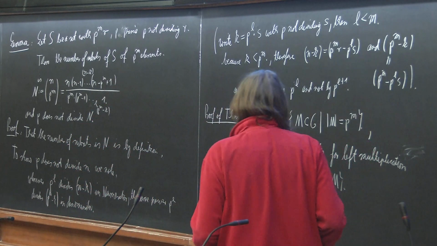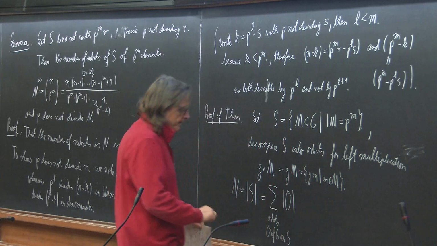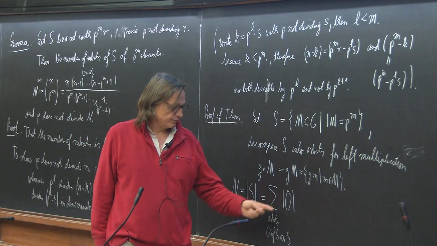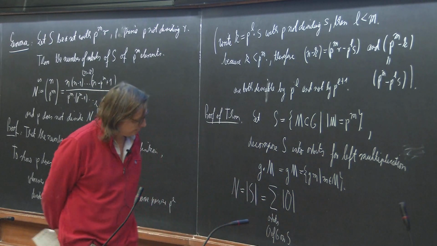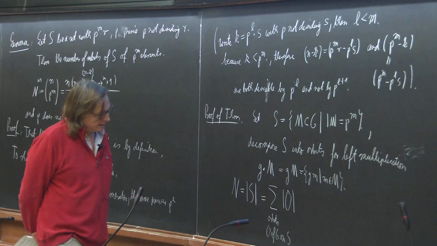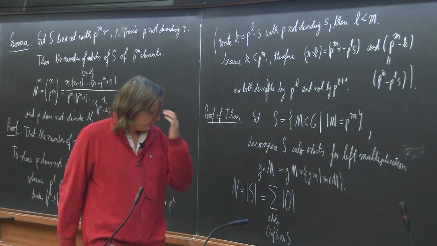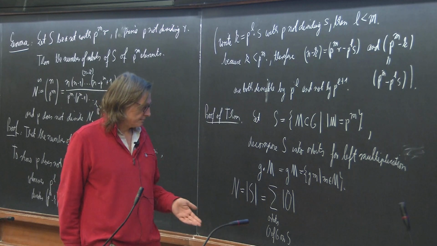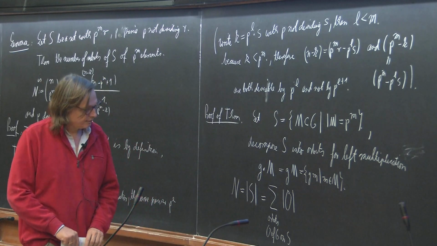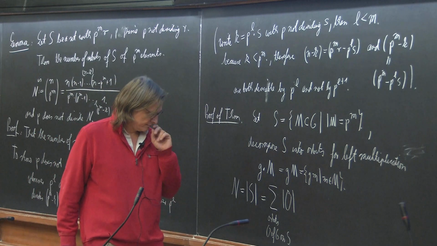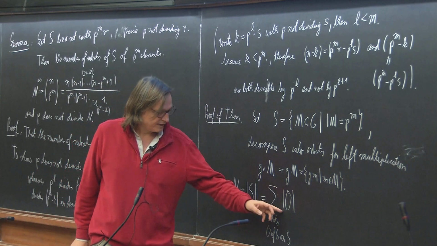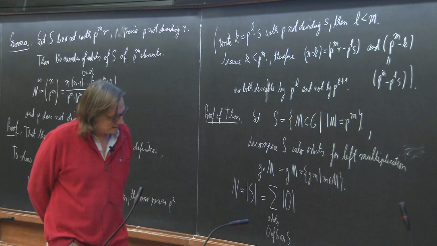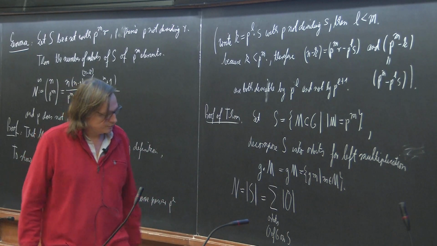So what is our aim? We want to find at least an orbit whose number of elements is prime to P, and then we will find that its stabilizer has to be a Sylow subgroup.